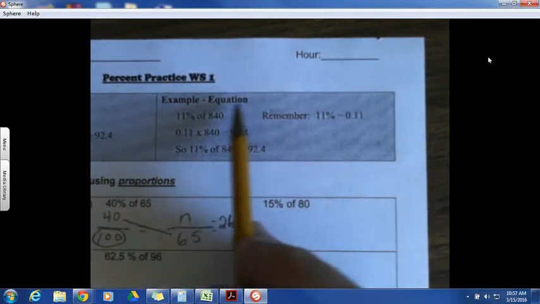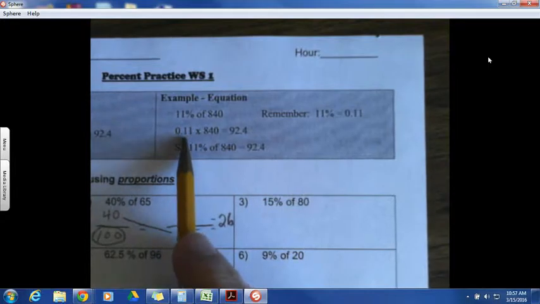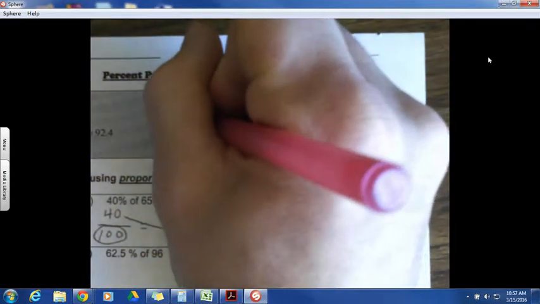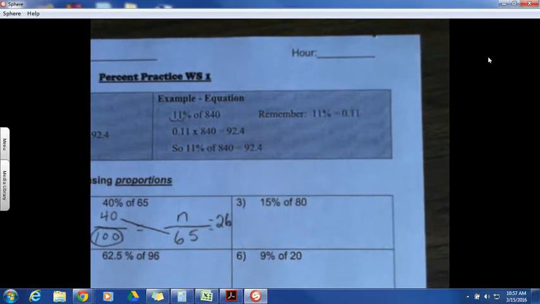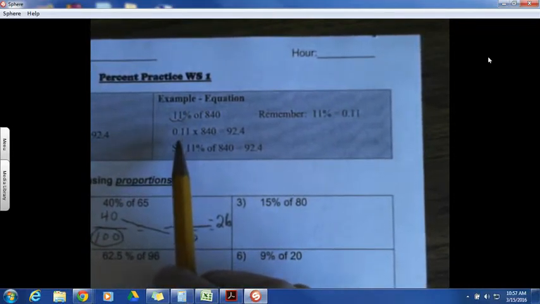And what we do in our equation method is to change 11% into a decimal. So again, if you remember, to change a percent to a decimal, we just move the decimal point 2 places to the left. So we get a decimal equivalent of 0.11 for 11%.